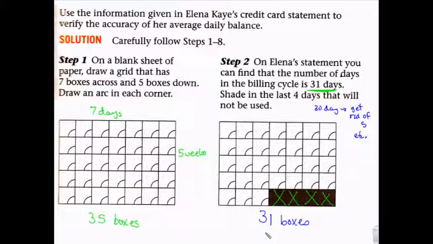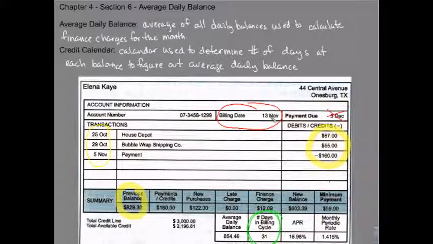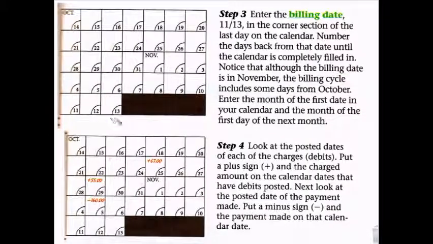Okay. The next thing we do is we enter the billing date in the bottom of the calendar. So if we go back, see how our billing date's November 13th? We start at the bottom and then we count backwards.